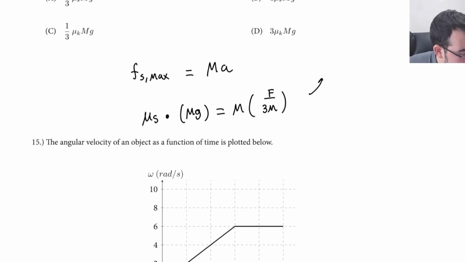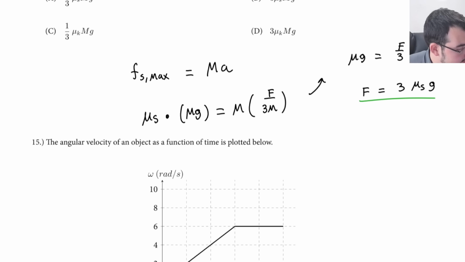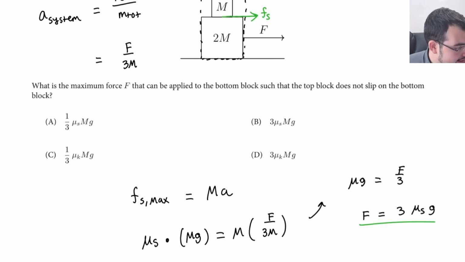The m's cancel, so we get mu g equals F over 3. So F is equal to 3 times mu static times g. I would rank that as hard.